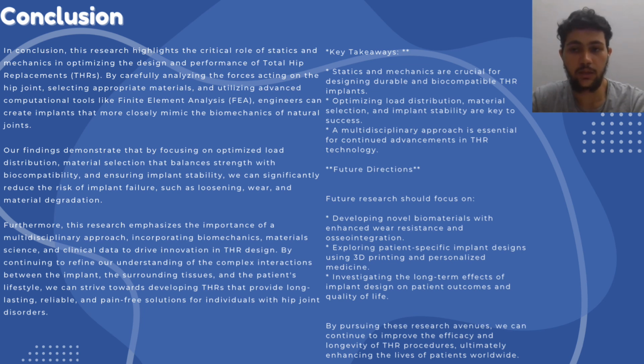Engineers can create implants that more closely mimic the biomechanics of natural joints. Our findings demonstrate that by focusing on optimized load distribution, material selection that balances strength with biocompatibility, and ensuring implant stability, we can significantly reduce the risk of implant failure, such as loosening, wear, and material degradation.